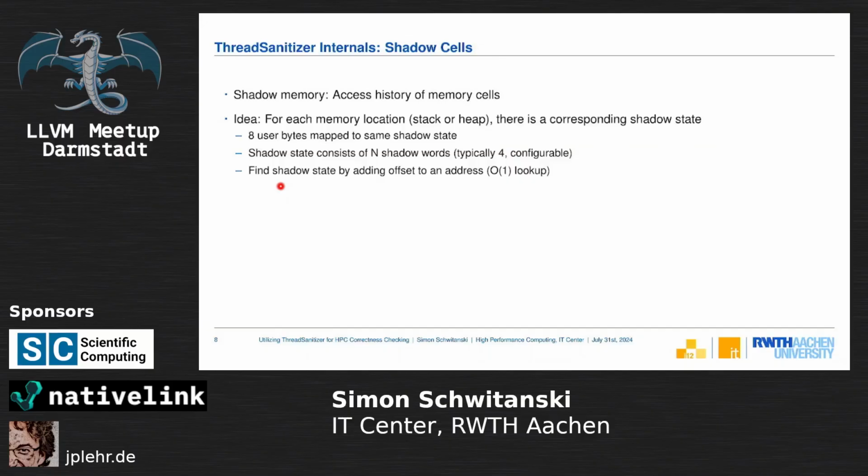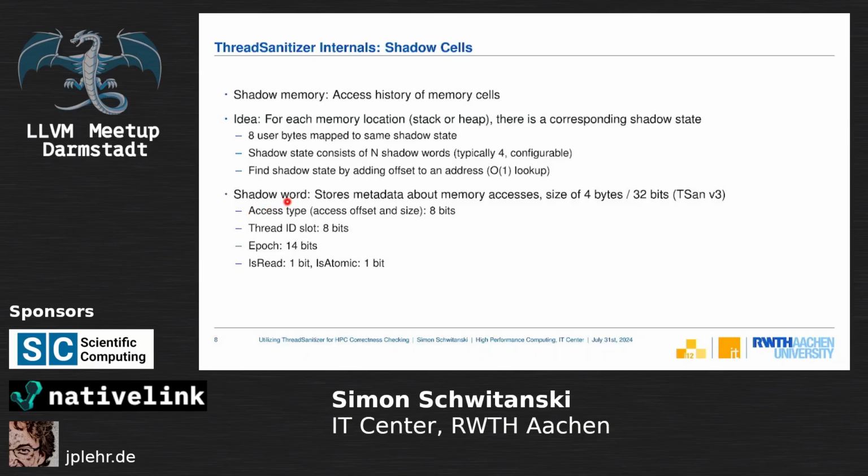You could also use a binary tree, or interval trees, which are typically used for race detection, but then you have to traverse the tree, and this is typically expensive, so this is actually a good idea. But the downside is of course that the memory overhead you introduce increases.